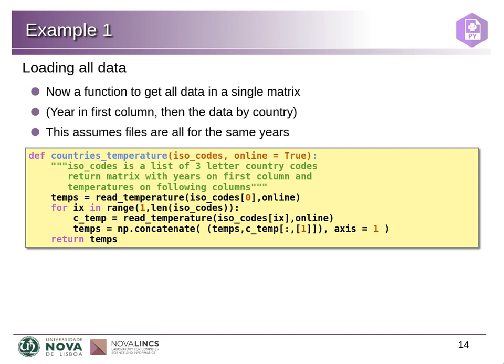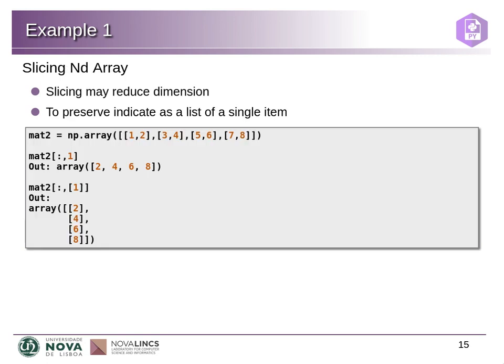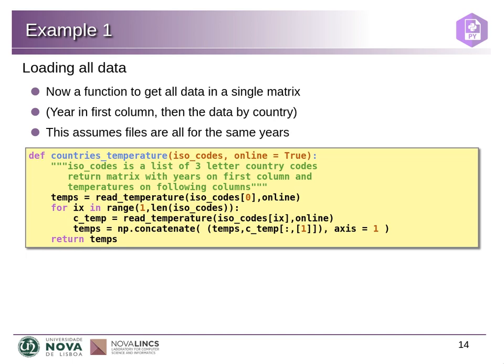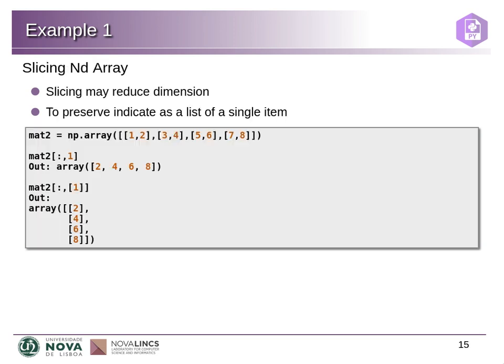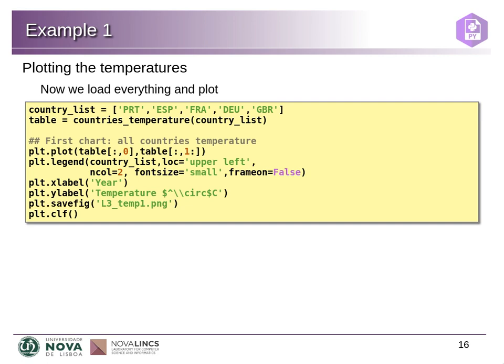So now we can use this to create an array with all the temperatures and the countries. So this is just to remind you of this problem with slicing. If I omitted these square brackets here, I would get a 1-dimensional vector, and then I would not be able to concatenate. Okay. But now we can do this. We have this list of countries. We get the temperature for all the countries.